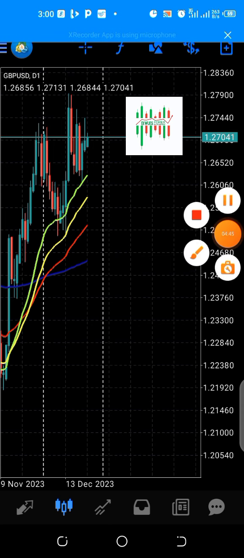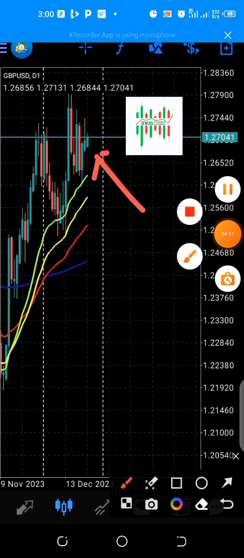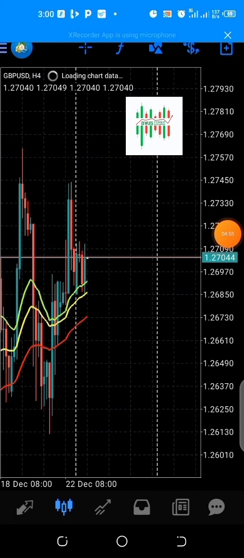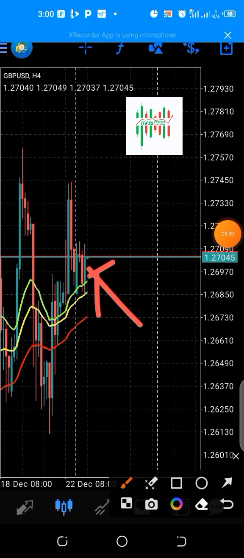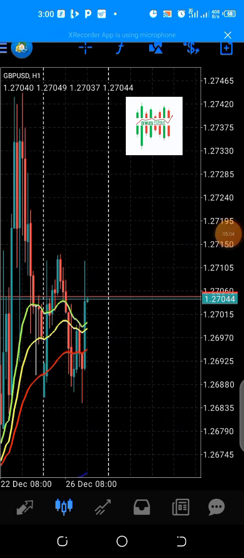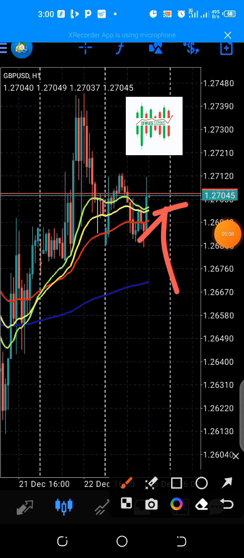You check out the daily time frame, it is bullish. Then we move on to the H4, it is bullish. You can see it just closed bullish. Then we move to the H1. What's happening here is still bullish, as you can see, it's still very bullish.